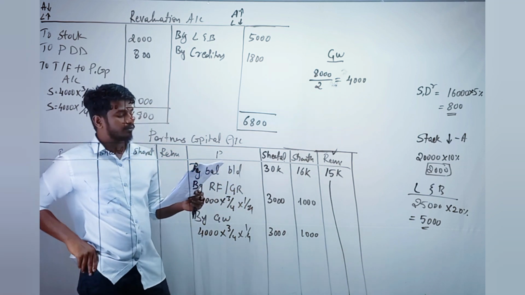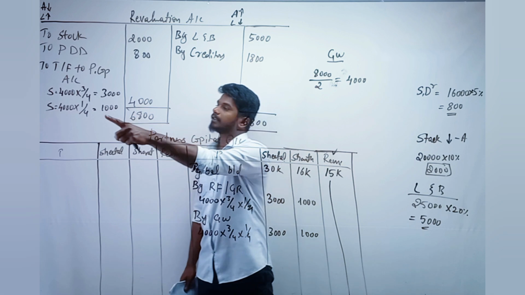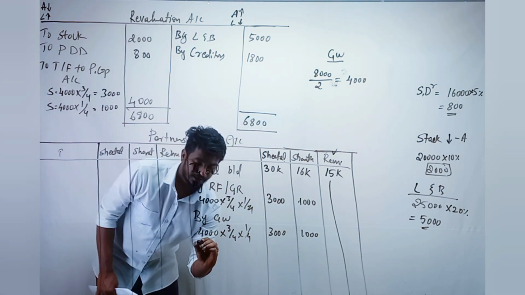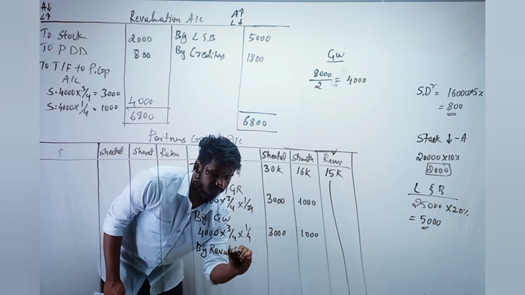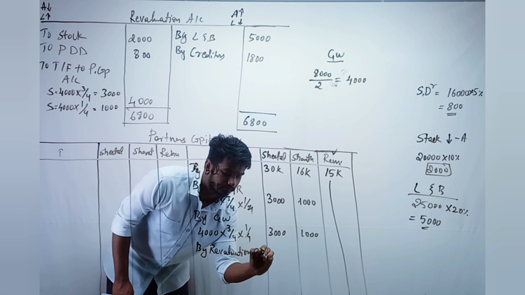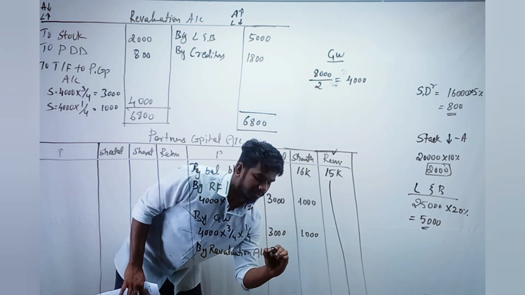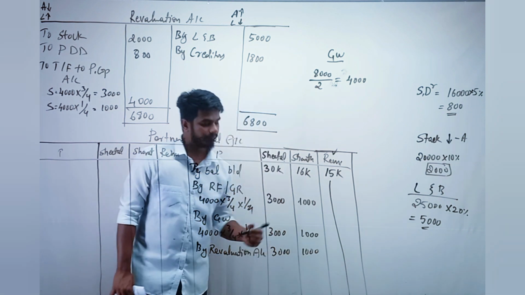Fine. So the fourth point is we record the revaluation account balance, correct, by revaluation account: 3000 and 1000, the same amounts.